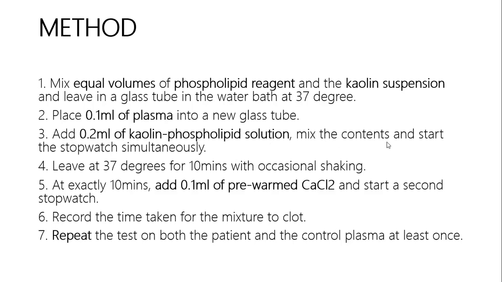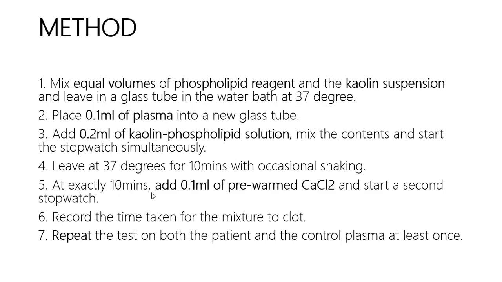Then we mix the contents and start the stopwatch simultaneously. So basically, the mixture from step 1 is mixed with the 0.1 ml of plasma. Then we start the stopwatch and leave the mixture at 37 degrees Celsius for 10 minutes with occasional shaking to promote the activation of your clotting factors.